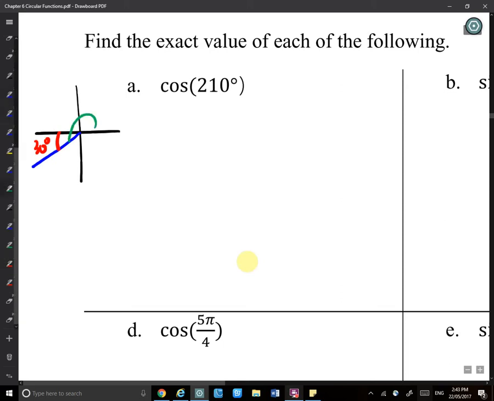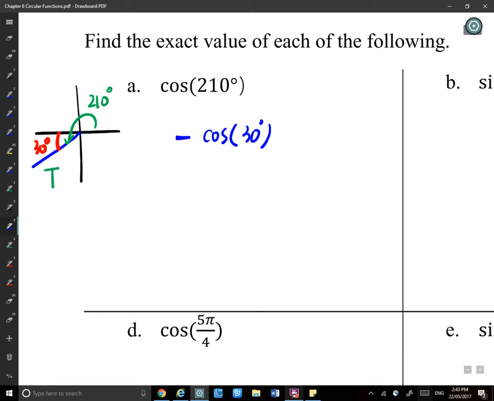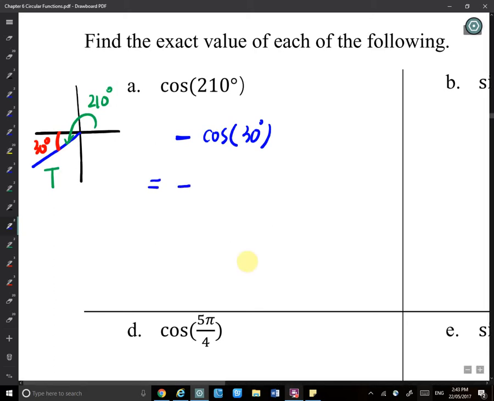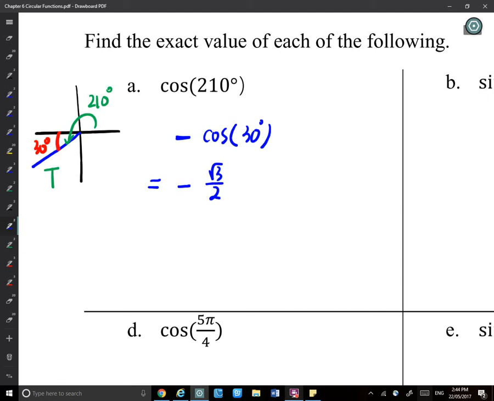The third quadrant is the tangent quadrant. Therefore, I will have cosine 30 degrees, and I have a negative cosine 30 degrees because it's in the tangent quadrant. So that gives me negative root 3 over 2. Cosine 30 is sine 60, and sine 60 is root 3 over 2.